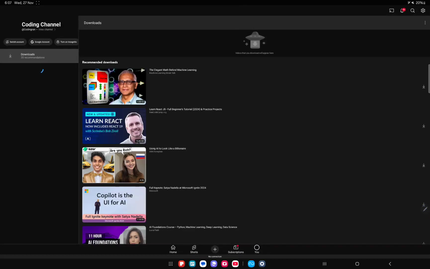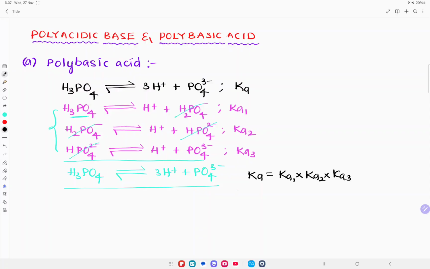Taking logarithm, taking minus log on both sides, what do we get?